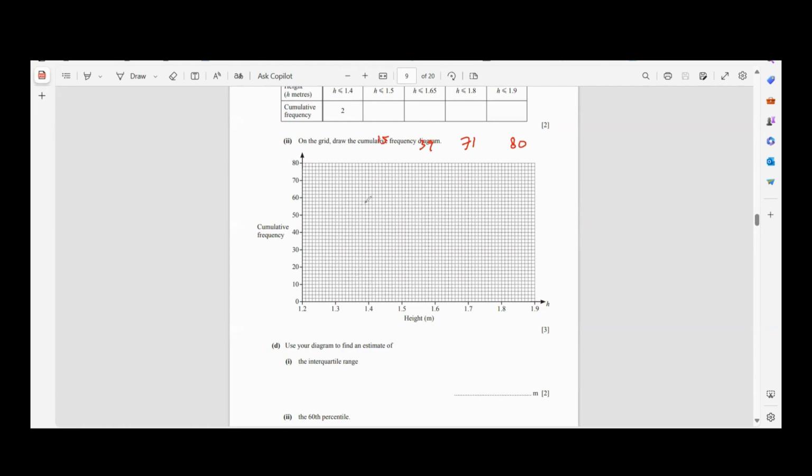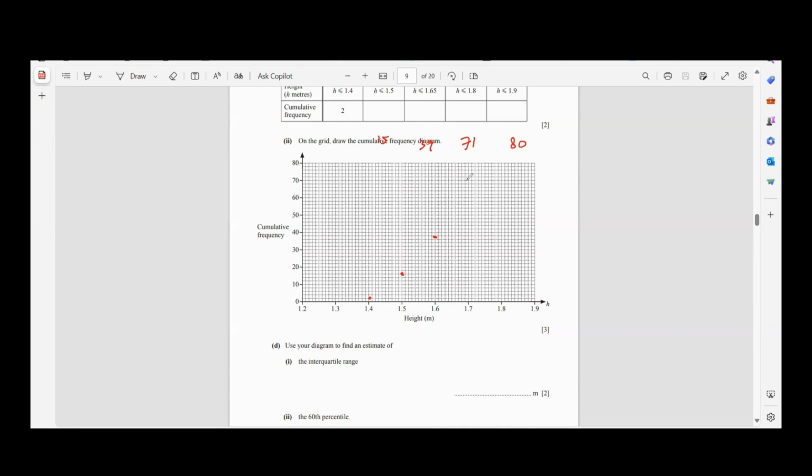So we can plot the cumulative frequency here. Before 1.4, it is 2. It's around here. Sorry if it's not precise, because it's very small. And this is 15, around here. And then 39 should be around here at 1.65.